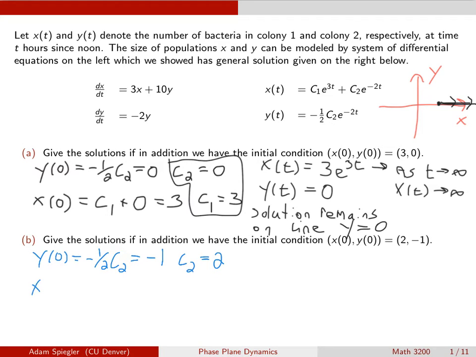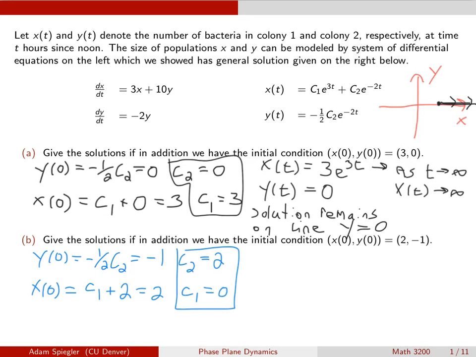And now, using the initial condition for x, when I plug 0 into that equation, I would get C1 plus C2. And now we know that C2 is equal to 2. And we're told that at time 0, x is equal to 2. So this would tell me that in this example, C2 is equal to 2 and C1 is equal to 0.